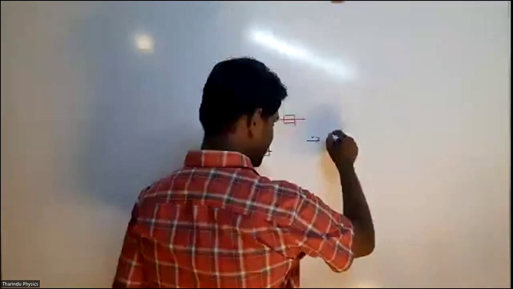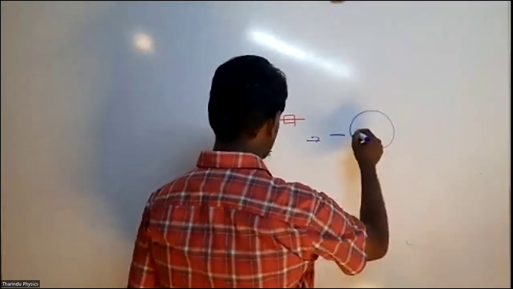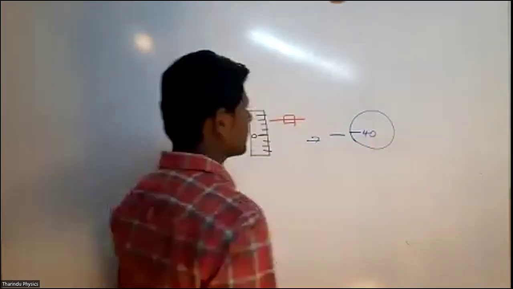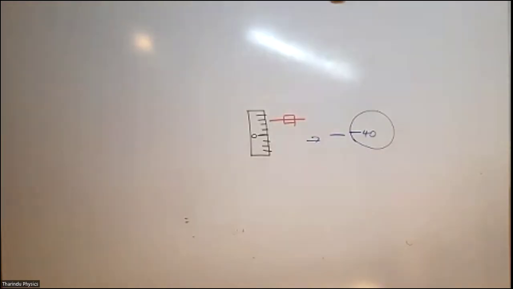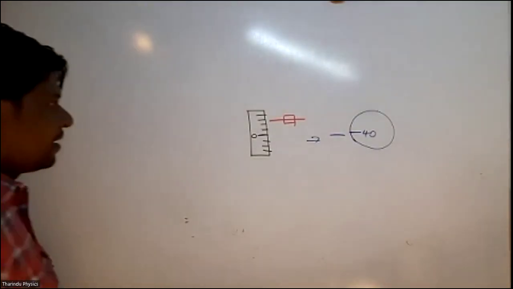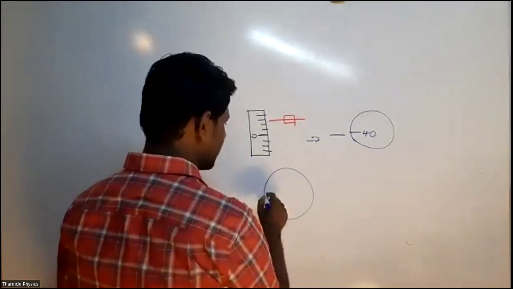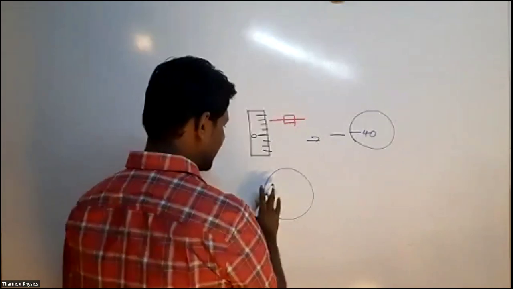Now let me show you the circular scale reading. It will show you like 40. Right. Write this in a new line.